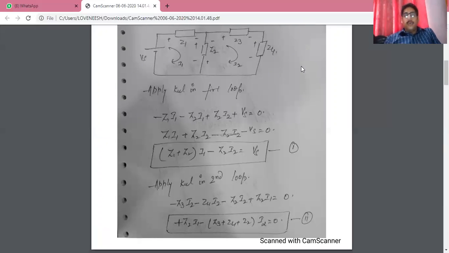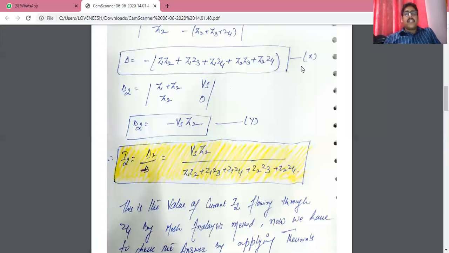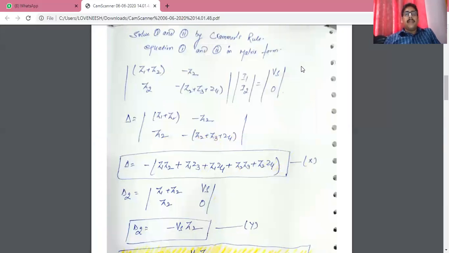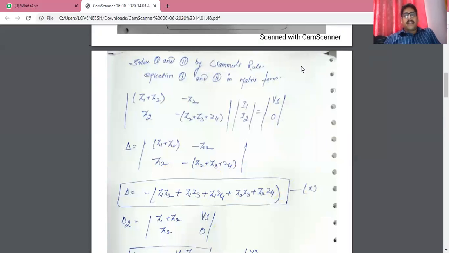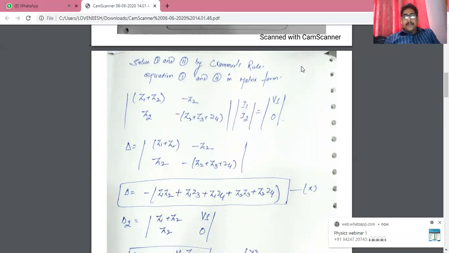So I have to convert equation number 1 and equation number 2 into matrix form. So here you get a matrix. Here we have a delta, which will be your first determinant, and your delta 2 is your second determinant. Now when you solve this determinant, you get the expression, and I mark this equation as the x equation.